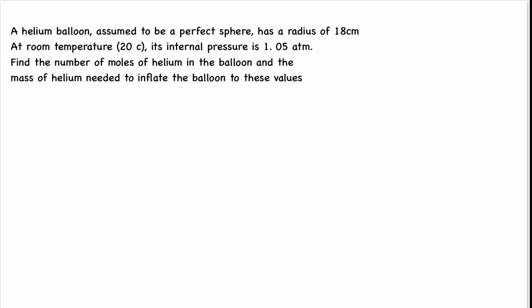So let's start. We have a perfect sphere shape. If you want to remember, we know that the volume of a sphere is 4/3 times pi r cubed. And r is 18 centimeters, so we need to convert it to meters to be in standard form.